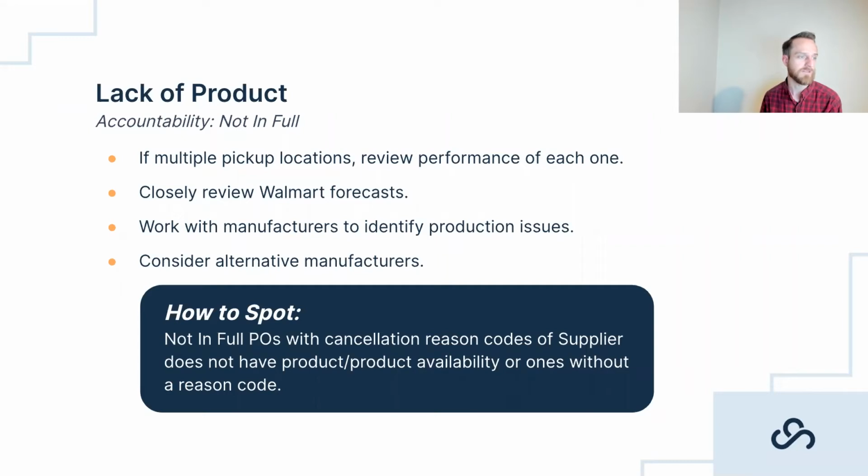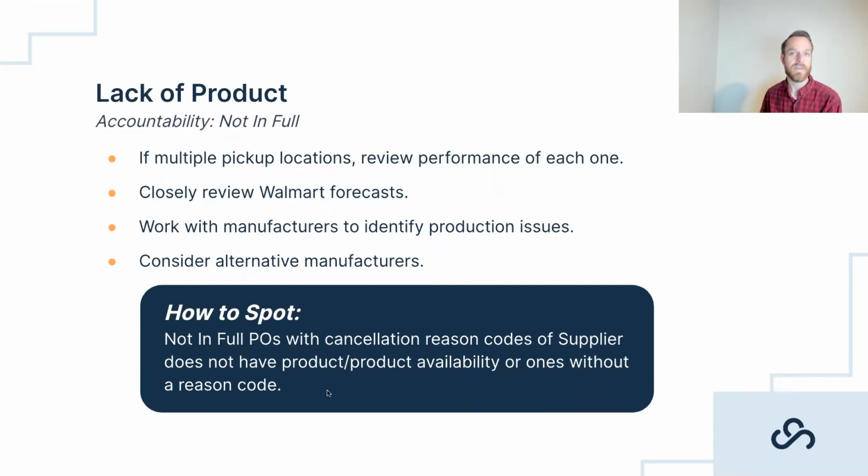What I would look at is not-in-full POs where, number one, a cancellation reason code was supplied of supplier does not have product. It's an obvious identifier of this scenario. Another one is looking if there's not a reason code or a cancellation.